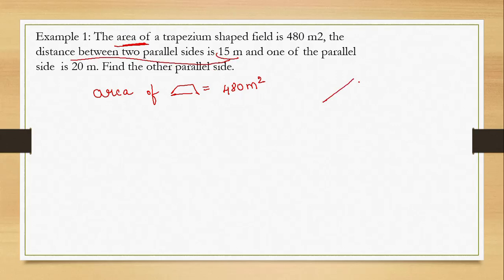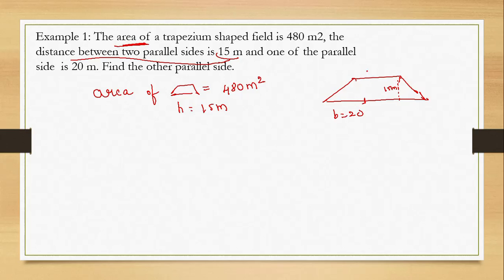Let's consider the diagram. So the area is 480. The distance between the parallel sides is 15 meters. So h is equal to 15 meters, and one side is 20, that is b.